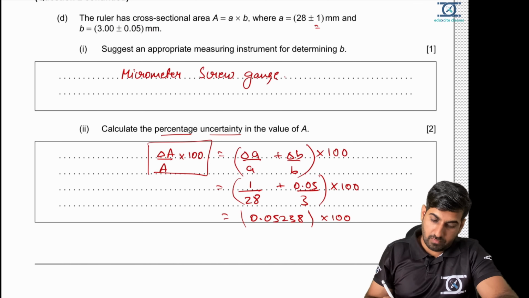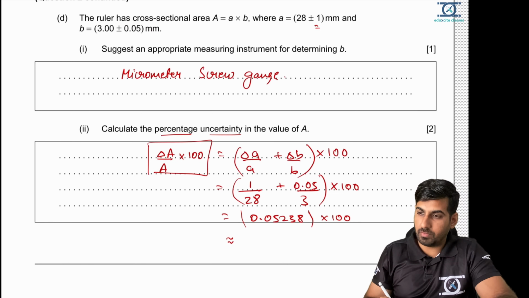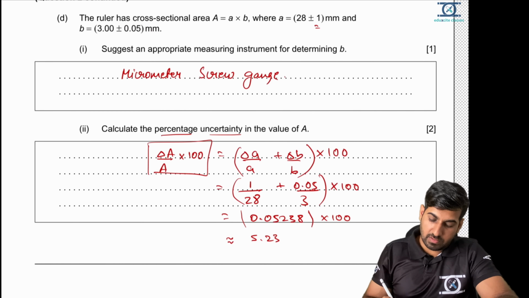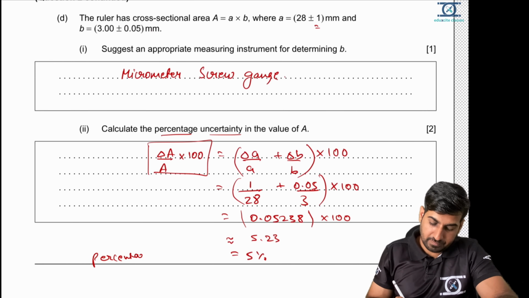So up to 3 decimal places, it will be 5.23, or simply you can say 5%. So the percentage uncertainty of A is 5%.